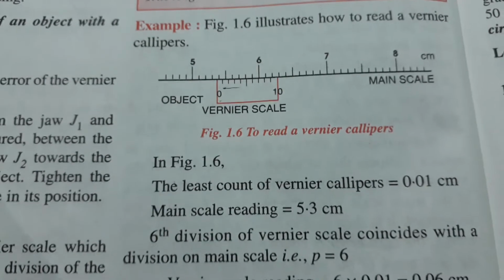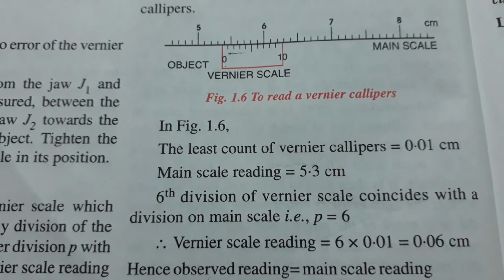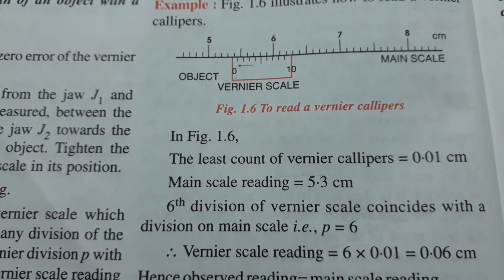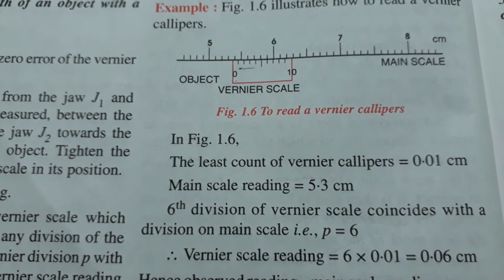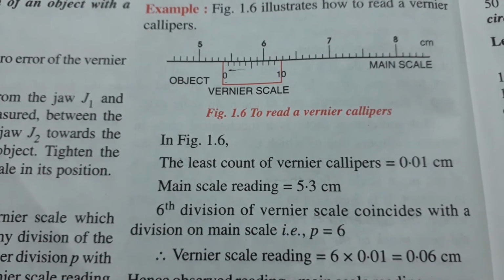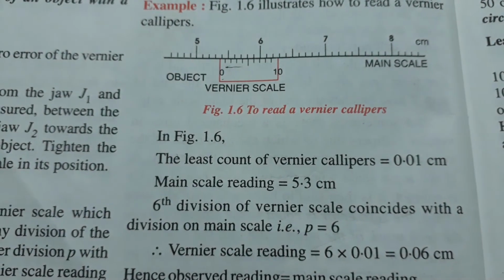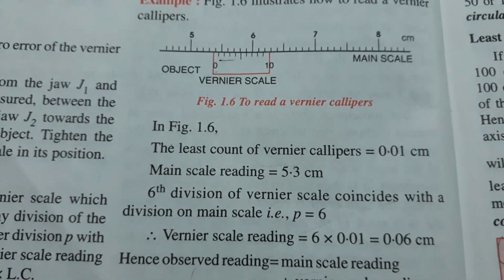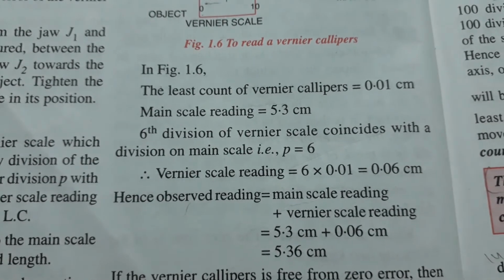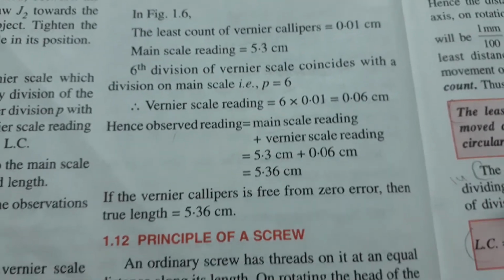Here the sixth division coincides: 1, 2, 3, 4, 5, 6. Multiply that Vernier scale division with the least count, and then you can find the length of the object.